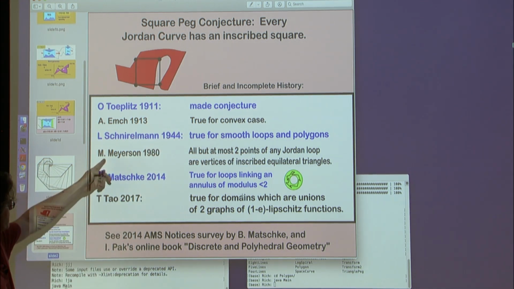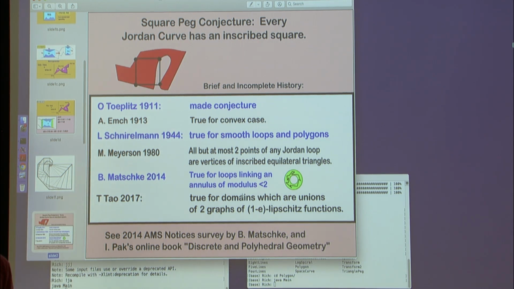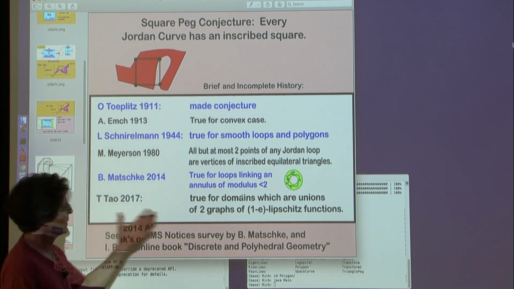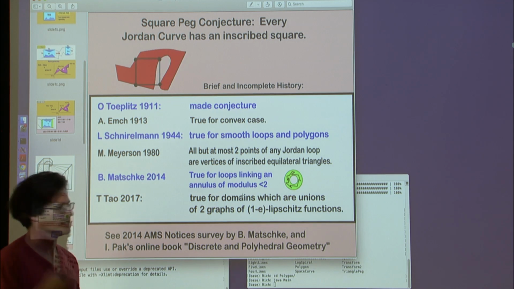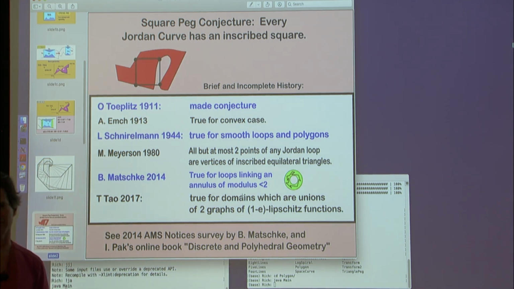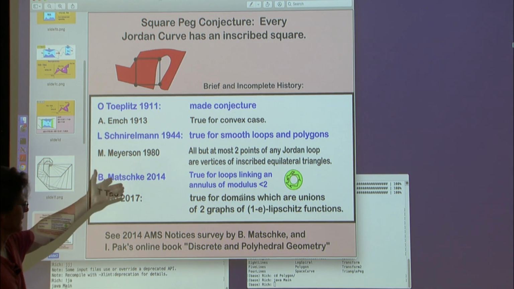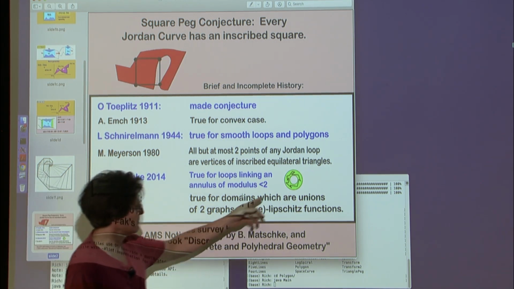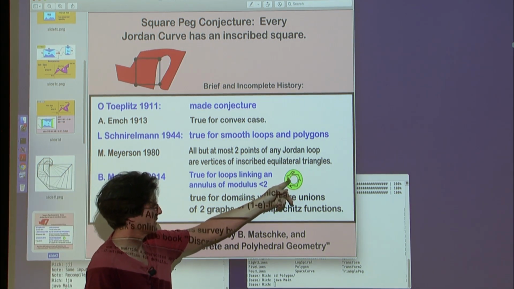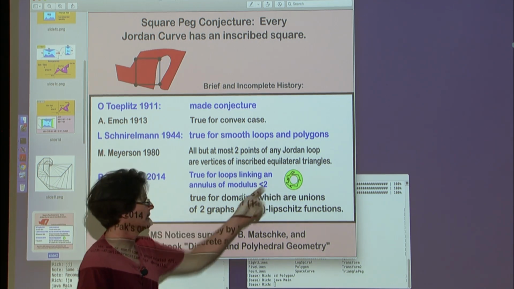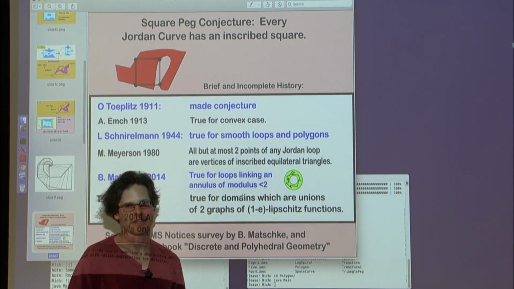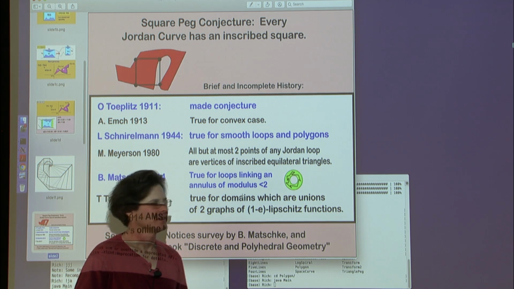Then this one, Meyerson's theorem, is not related to squares, but it says that all but at most 2 points of any Jordan loop are vertices of inscribed equilateral triangles. So that's a related result. Then there's this result: this is supposed to be an annulus where the inner radius is 1/2 the outer one. If you have a curve that loops around it, then it's true.